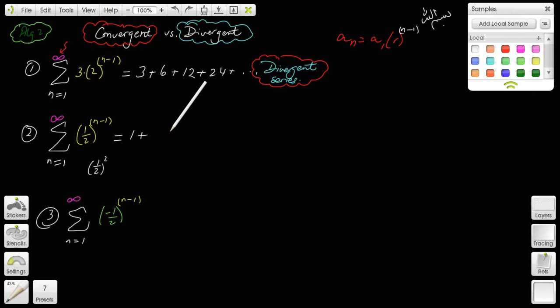So let me write that, trying to keep this clean. 1/2. Then the next term, if you put 3 there, is going to be 1/4, and the following term would be 1/8.